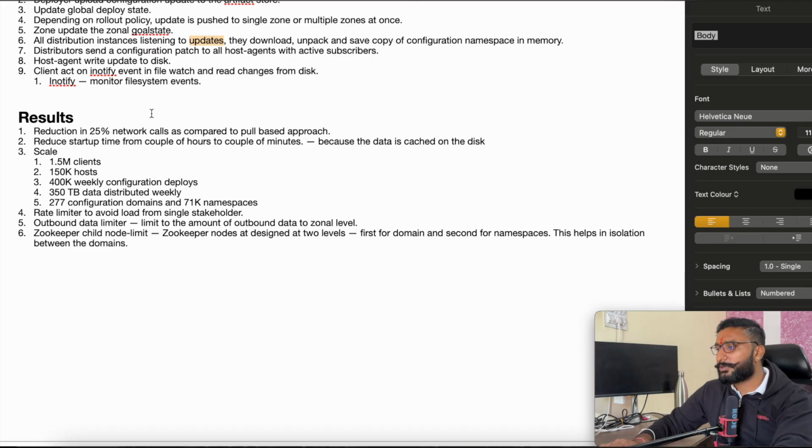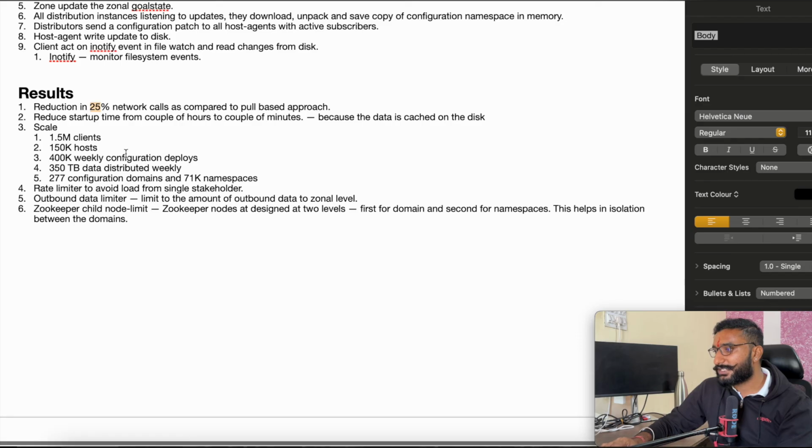If we quickly talk about the results, this helped in reducing 25% network calls as compared to the pull based approach. So as compared to our previous architecture which we discussed in Flipr, there was a 25% reduction. Reduction means we are reducing the number of calls you are making, so you are reducing the strain on the network infrastructure, plus since you are reducing the API calls, you also need less infrastructure to receive those same configuration updates.